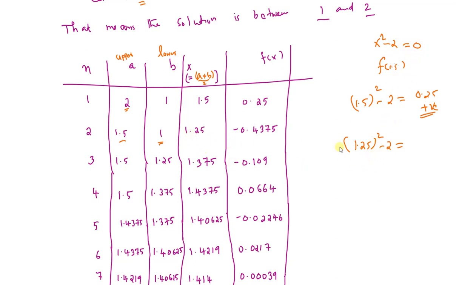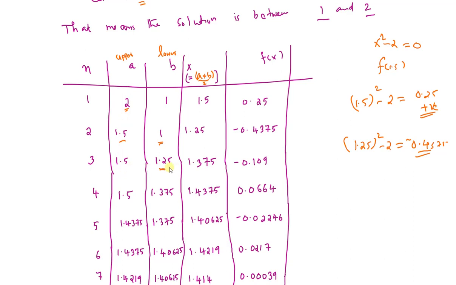We got minus 0.4375, a negative value. So when we get a negative value, we have to replace the lower limit by this value 1.25. So 1 is replaced by 1.25.